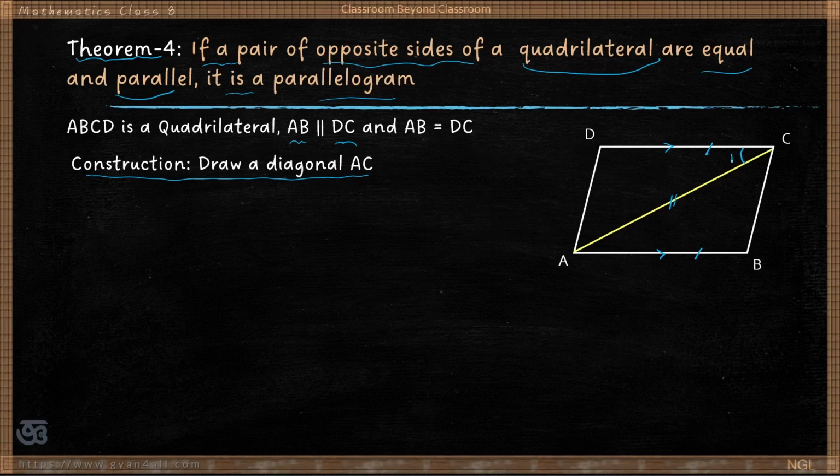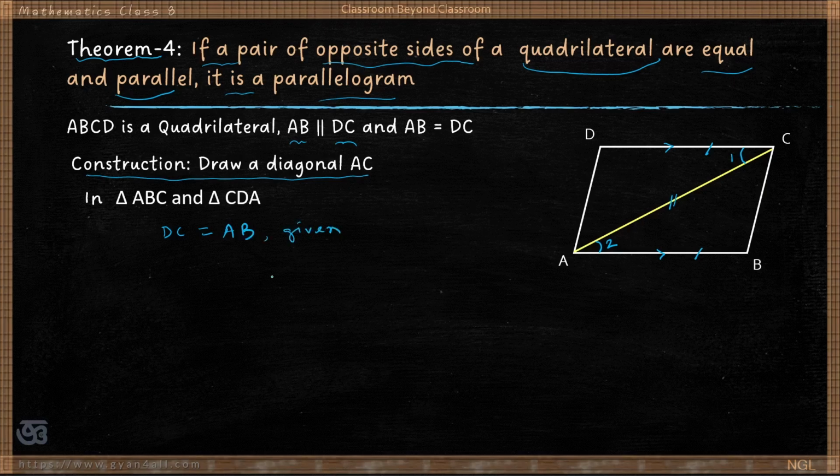This angle 1 is equal to angle 2 because DC is parallel to AB, and therefore angle 1 and 2 are alternate angles and CA is a transversal. So we can write in triangle ABC and triangle CDA, DC is equal to AB. Why is it so? It is given in the problem itself.